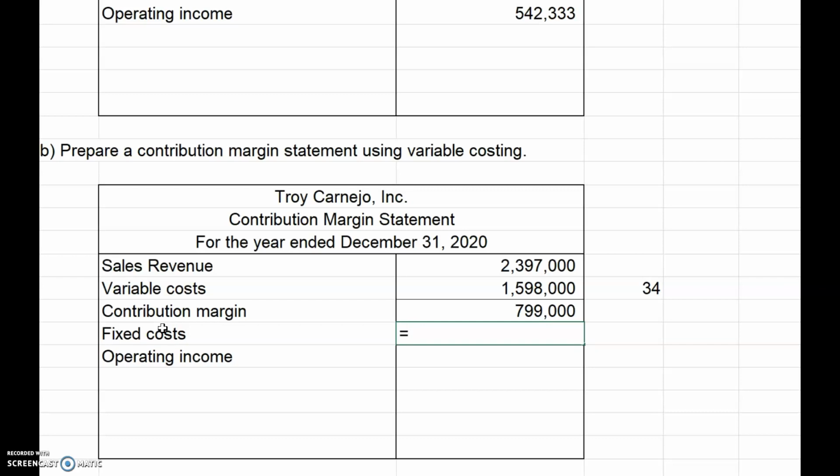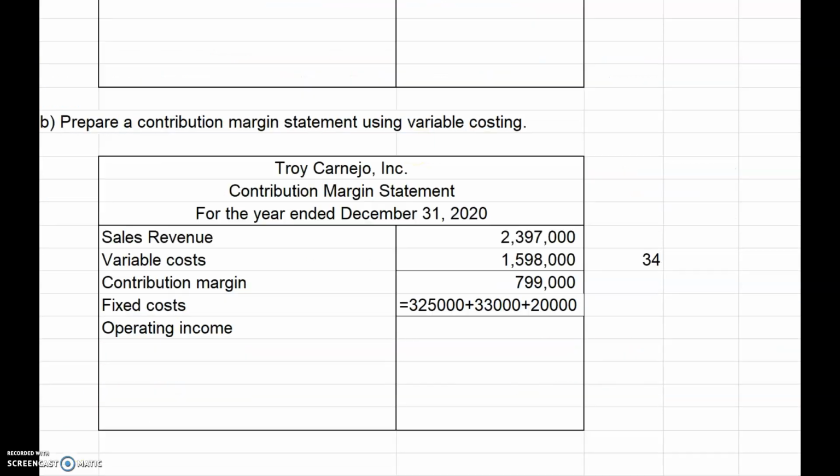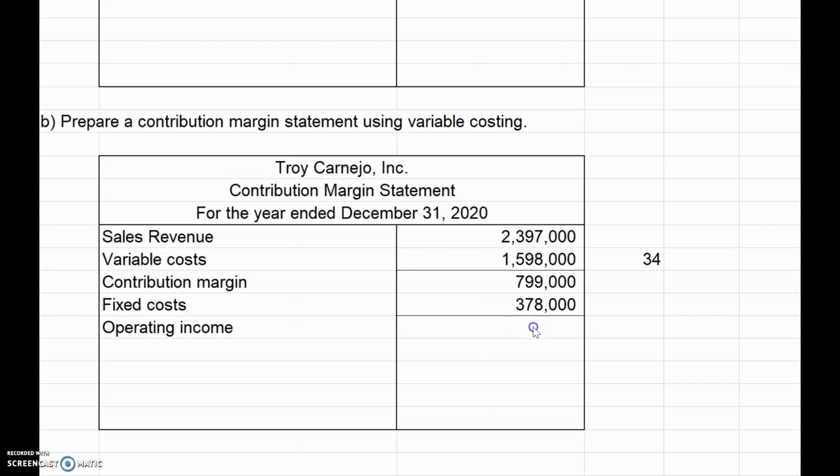So for fixed costs, we had $325,000 fixed manufacturing costs, fixed marketing costs of $33,000, fixed operating expenses of $20,000. So when we add together those three categories of fixed costs, we get our total fixed cost of $378,000. Contribution margin minus fixed costs gives us $421,000.